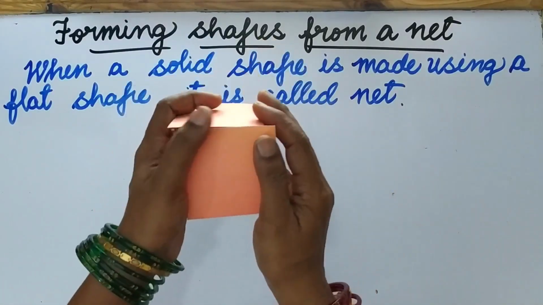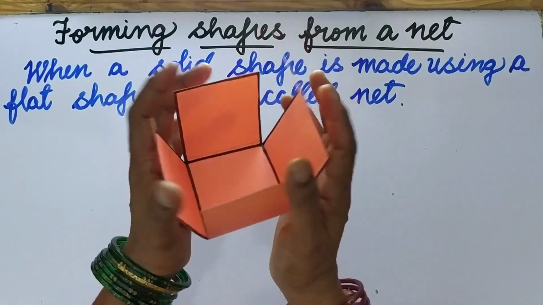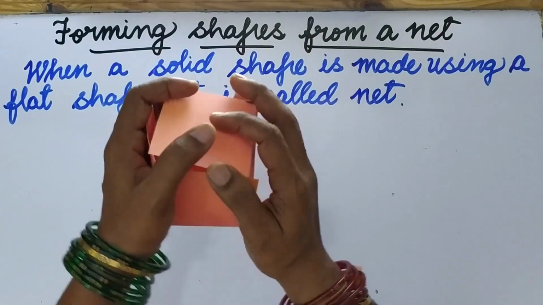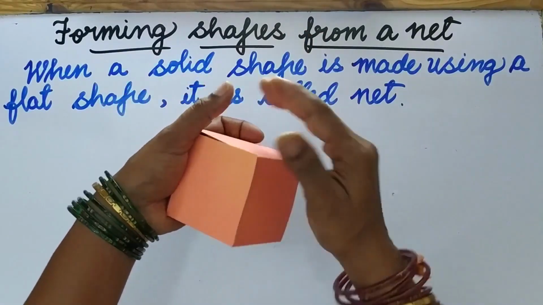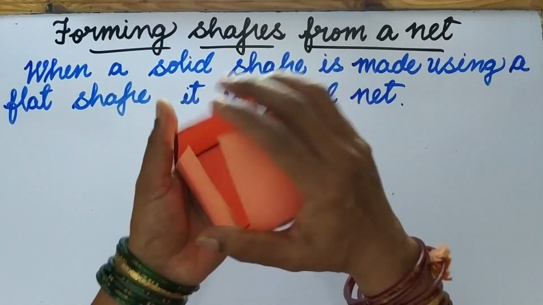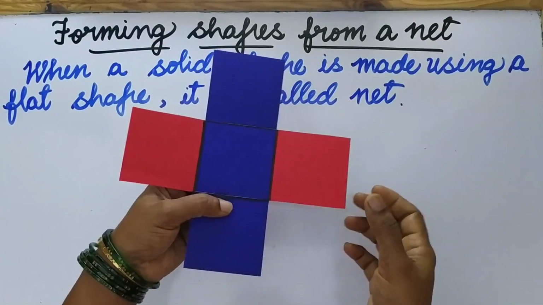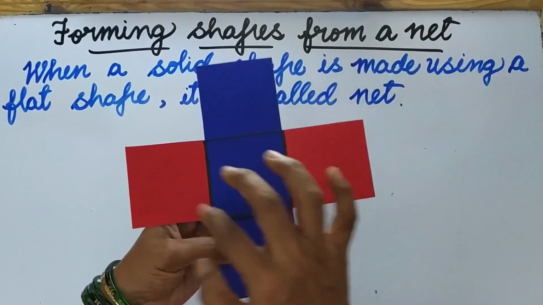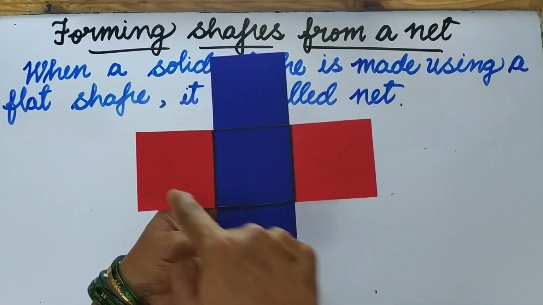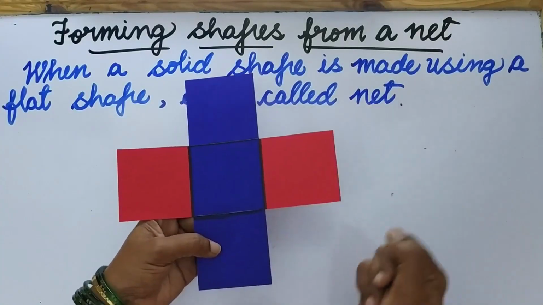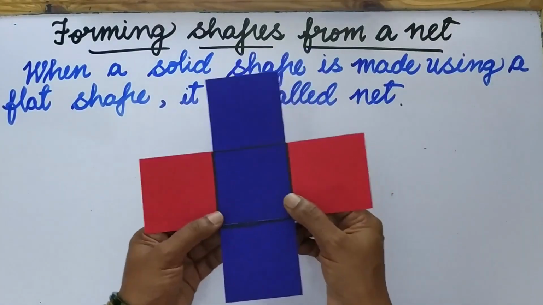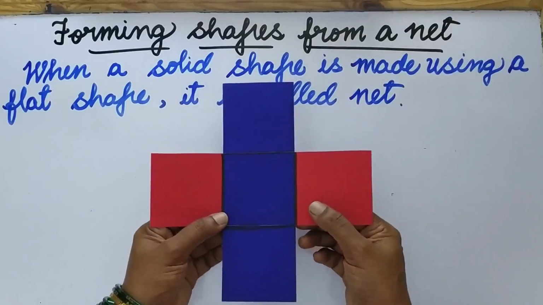6-faced closed cube. See, is it open? No. We can find all the faces are closed. This is a 6-faced cube. See here, how many faces are here? Count: 1, 2, 3, 4, 5. Only 5 faces are there. So this is called a 5-faced net.